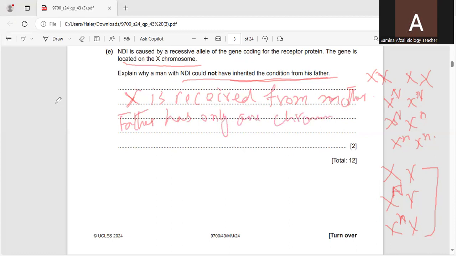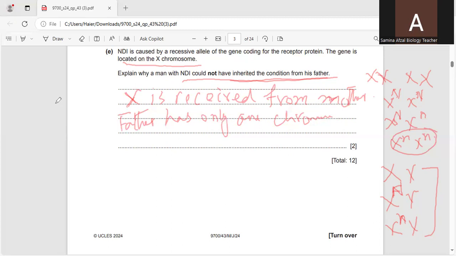So if that one X is normal, it has the normal gene, there is no disease gene. So it means that he will be a normal man. And if the mother is having this gene in this condition, then he will receive it from the mother.